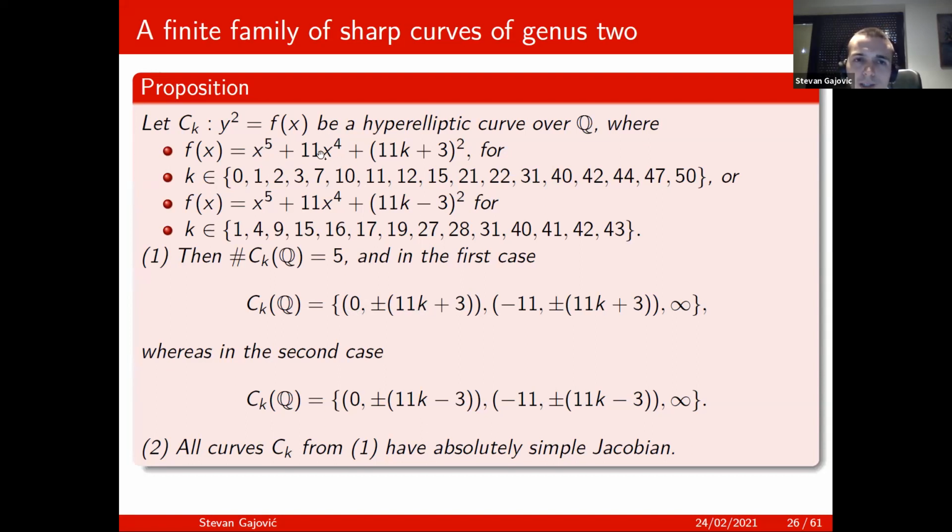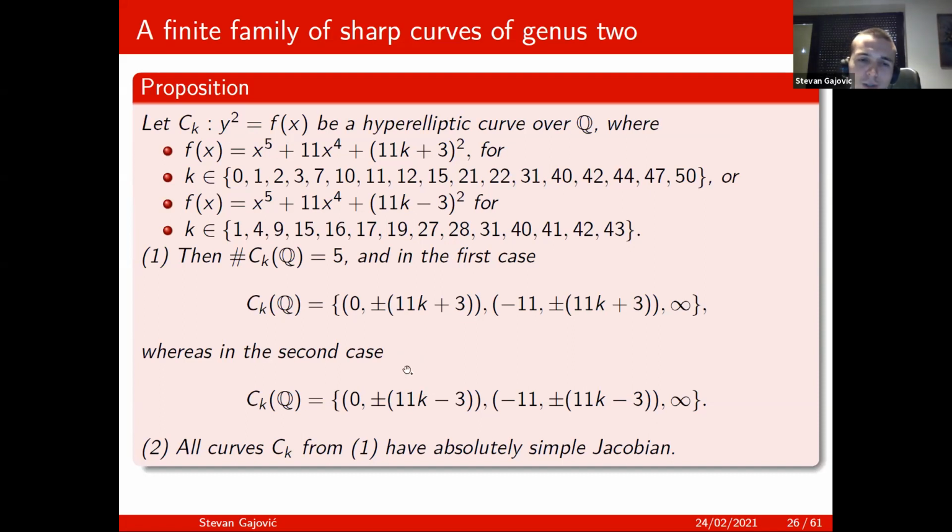And also we have one easy zero of this polynomial, that is minus 11. So we constructed 2 more rational points. In this case, we see that we have at least 5 points on C_k. And the same for another case. These cases are all values less than or equal to 50, from 0 to 50, such that this curve has rank at most 1. And as we recall, it implies that it is exactly 1. So this is the first case.